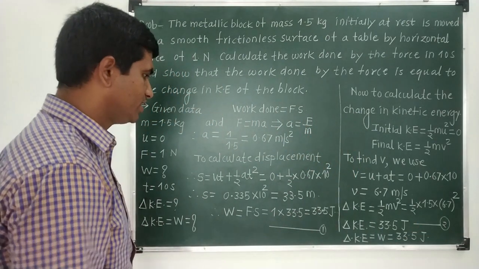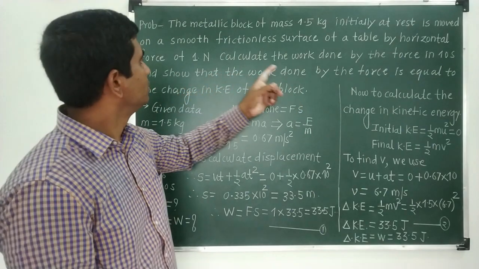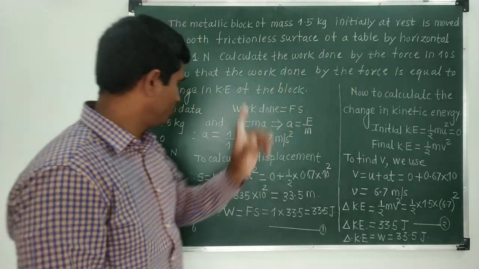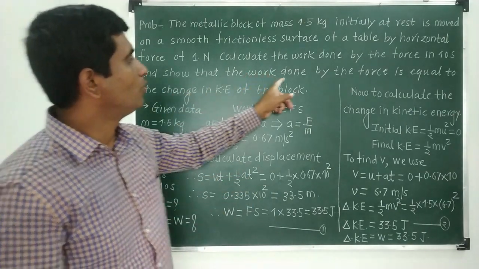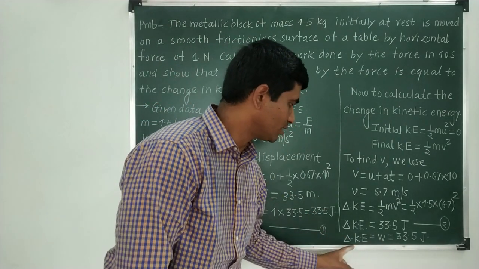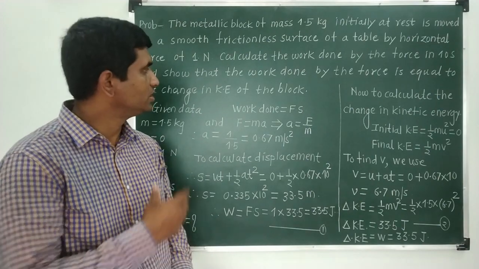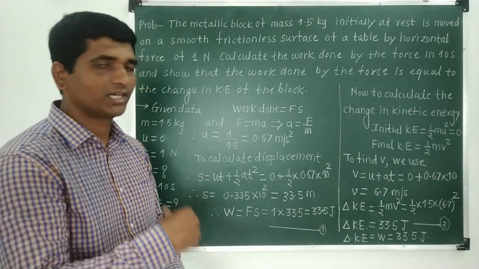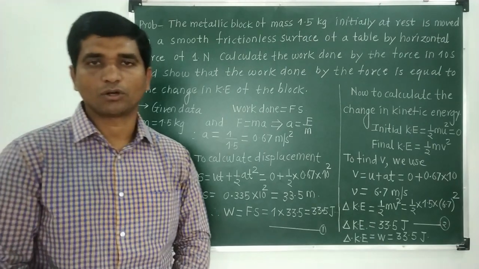And this is the thing which has been asked: calculate the work done by the force, which we have calculated in equation 1, and show that the work done by the force is equal to the change in kinetic energy. So work done is equal to change in kinetic energy. I hope you have understood. This is also a verification of the work energy theorem. Okay, so thank you. We'll stop over here.